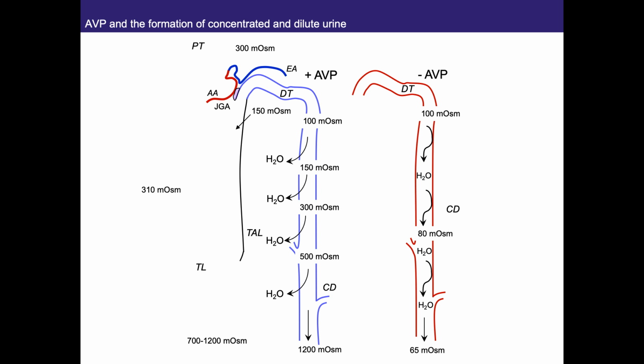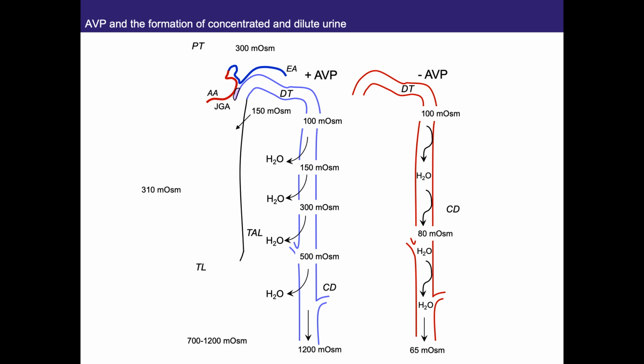Now, remember, as you move down the tube, you're encountering more and more hyperosmotic environment, which allows you to keep pulling water out, right? So you can actually form a concentrated urine, as concentrated as the osmotic gradient itself, 1,200 milliosmoles.